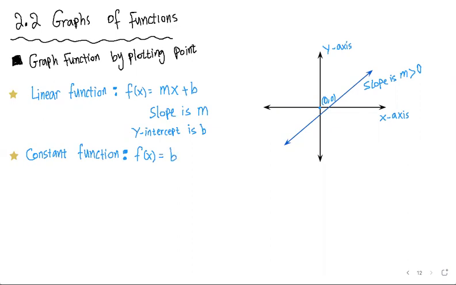And the graph of this function is a horizontal line. The graph of this function looks like y equals b.